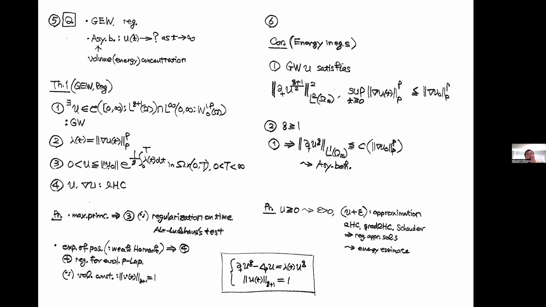So I have to take care of the positivity of the solution u. This is based on the so-called expansion of positivity, which is, in other words, the weak Harnack inequality. But later, if I have time, I would like to show the details.